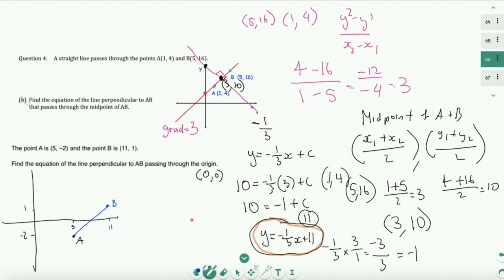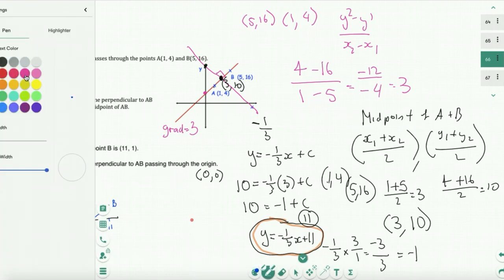So this is called line AB. And we have to find the equation of the line perpendicular to line AB and passing through the origin. So our line is definitely passing through this point here.